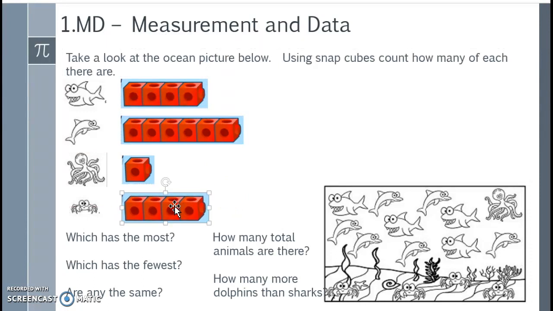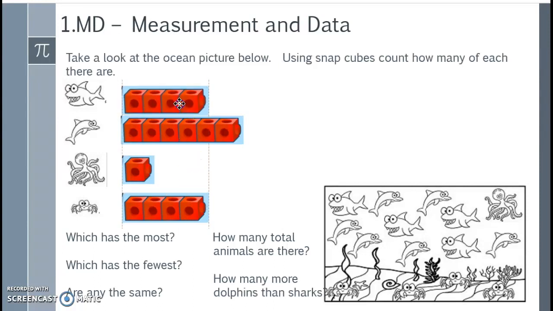How many total animals are there? Well, if I were to count all of my cubes or all of my animals in the picture, we'll see we have 1, 2, 3, 4, 5, 6, 7, 8, 9, 10, 11, 12, 13, 14, 15 animals altogether. We can even extend this into more in-depth or higher level questions such as how many more dolphins than sharks are there?